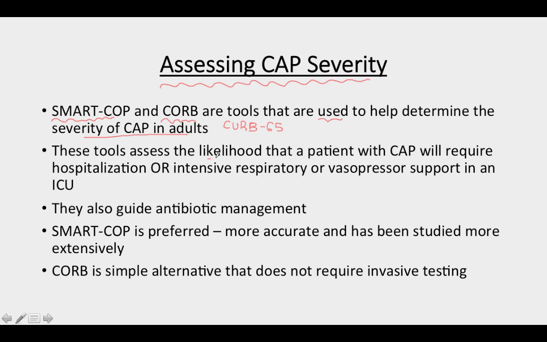They assess the likelihood that the patient with community-acquired pneumonia will require hospitalization or intensive respiratory or vasopressor support in an ICU. Now, as you can imagine, when pneumonia gets particularly bad, it can require intubation with an endotracheal tube and mechanical ventilation, where a ventilator essentially forces air into the lungs to appropriately expand them.